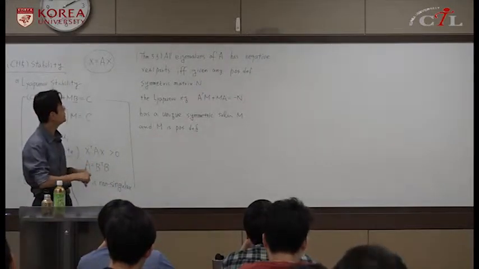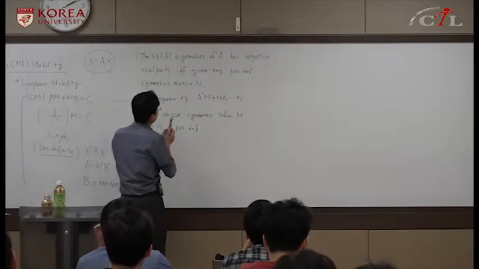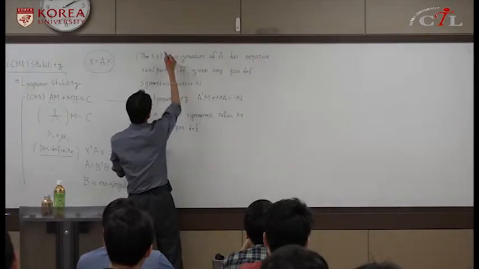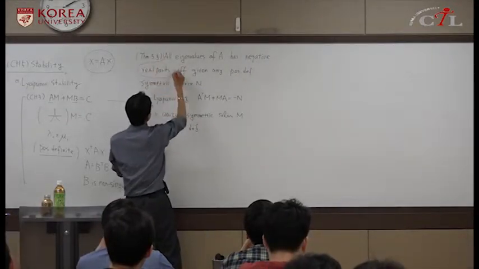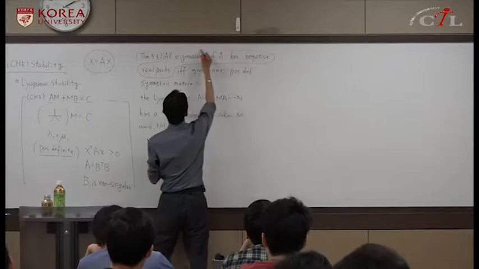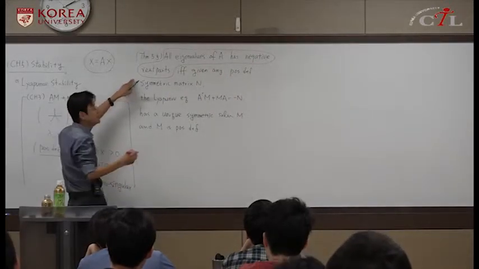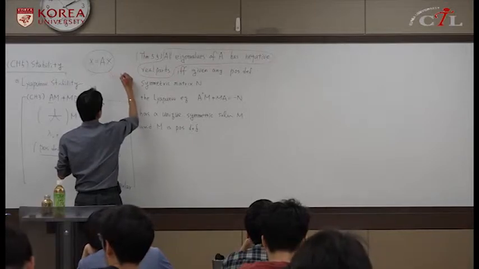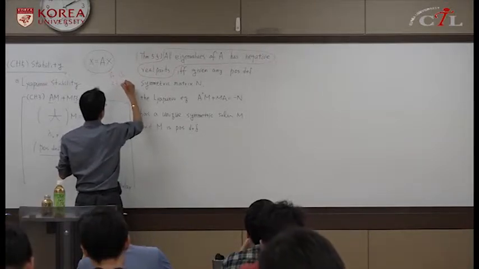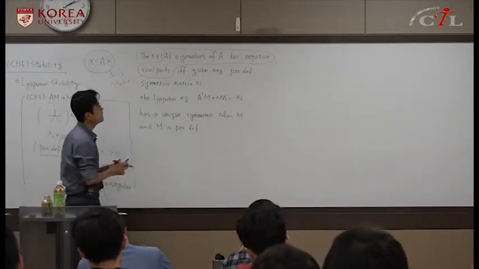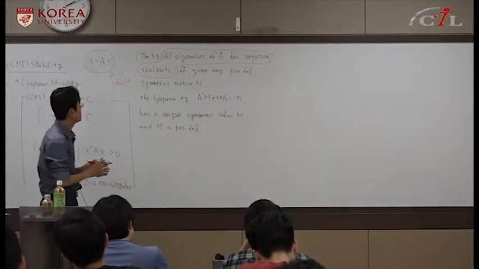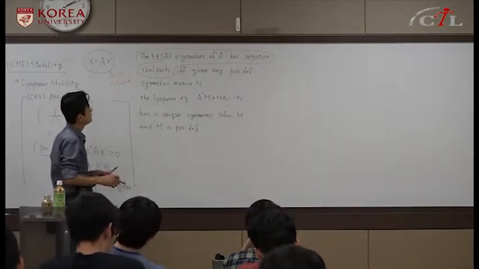If you see the theorem, all eigenvalues of A have negative real parts, which means that A is stable.